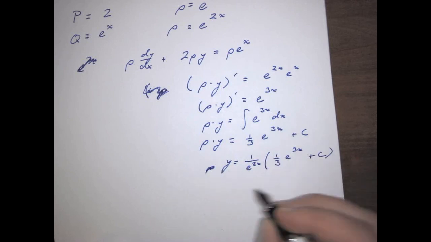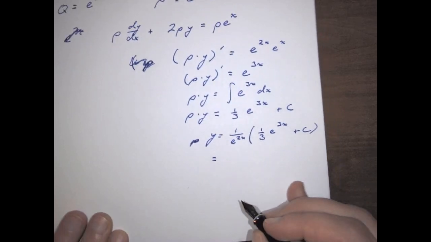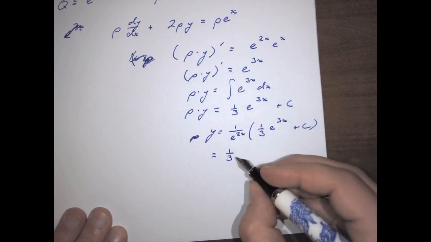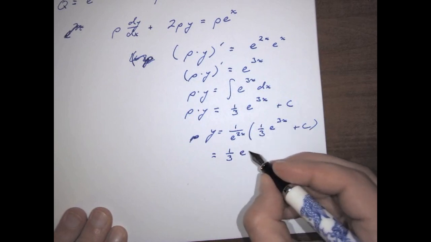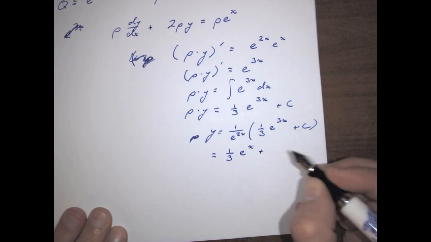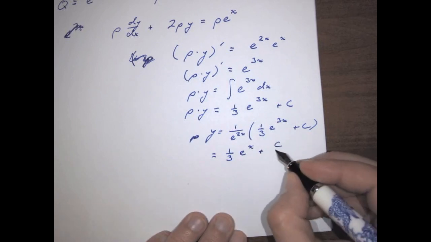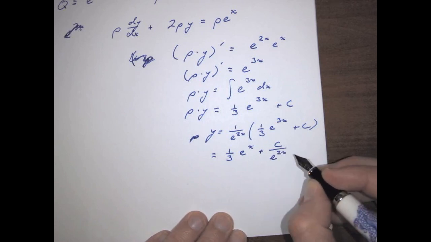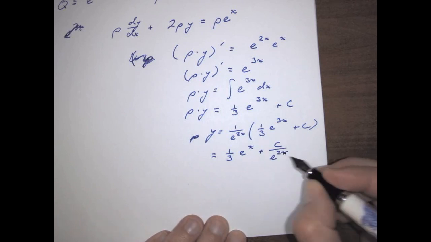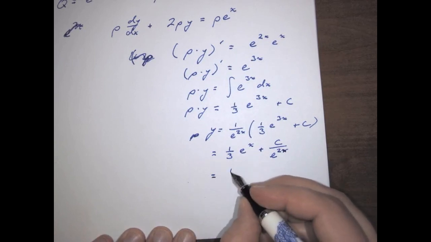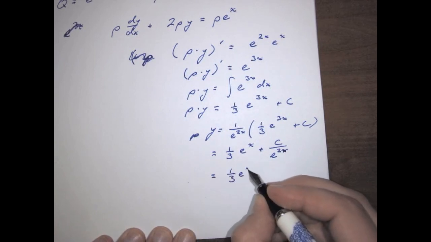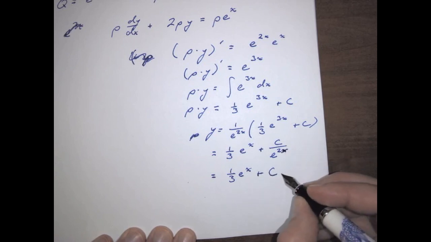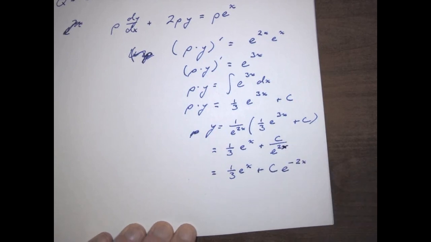Then here this is going to distribute, and it's going to mostly cancel, and we're going to end up with just 1/3 e to the x plus c divided by e to the 2x, or as we'll rewrite it, 1/3 e to the x plus c e to the negative 2x.